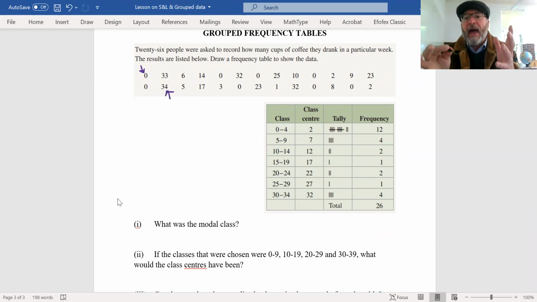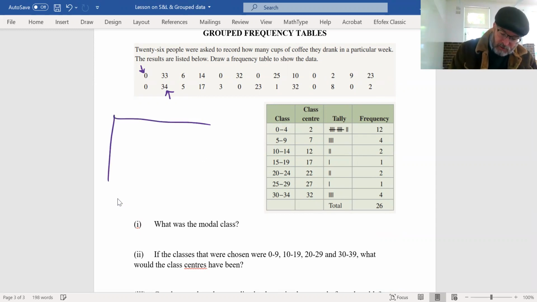So it's possible to have 35 different numbers that it could be there, right? So if you were going to set up a frequency distribution table and you had the scores here, you'd have 0, 1, 2, 3, 4, 5, 6, all the way down to 34.